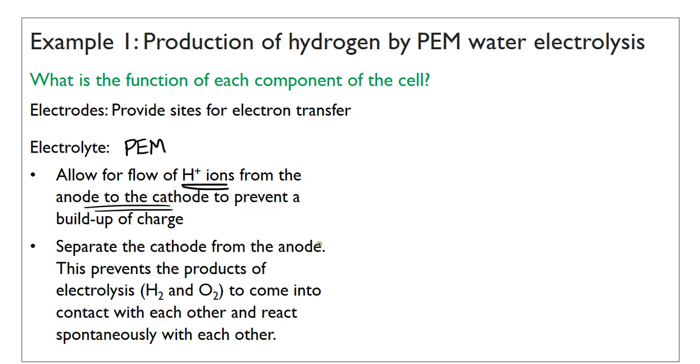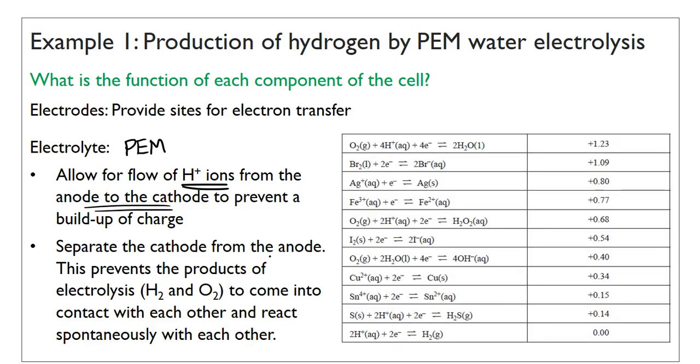Now, the second function of the electrolyte here is to separate the cathode from the anode. And I mentioned earlier in a previous video that you don't actually need to separate the reactants of electrolysis because they don't react spontaneously with each other. However, you do have to separate the products of electrolysis.